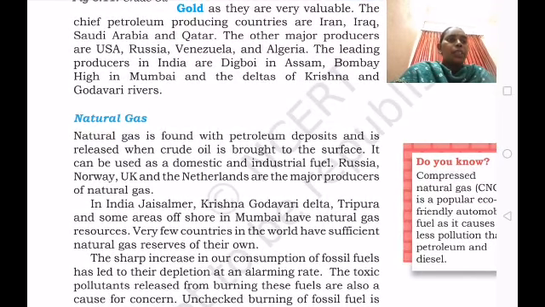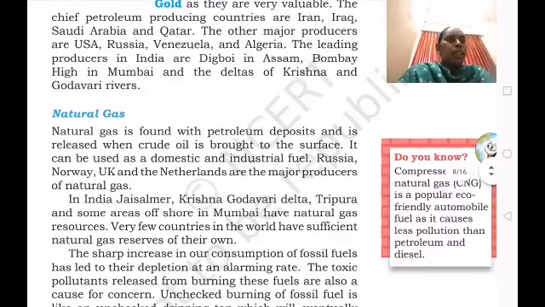The next one is natural gas. Do you know where natural gas comes from? Compressed natural gas, CNG, is a popular eco-friendly automobile fuel as it causes less pollution than petroleum and diesel.